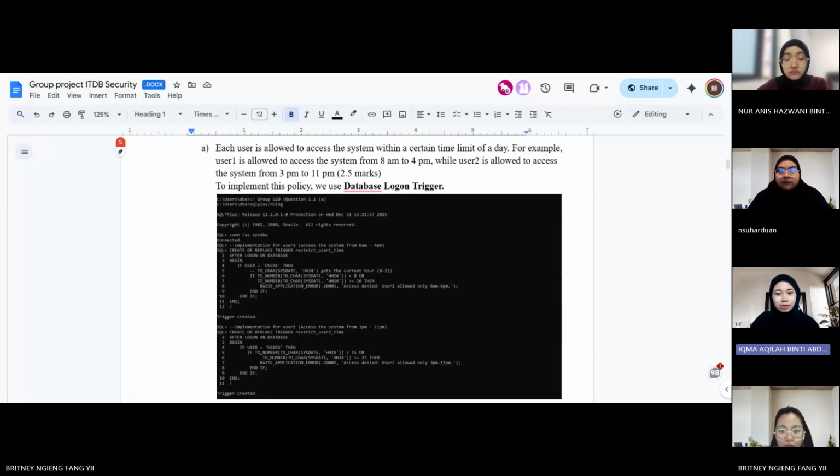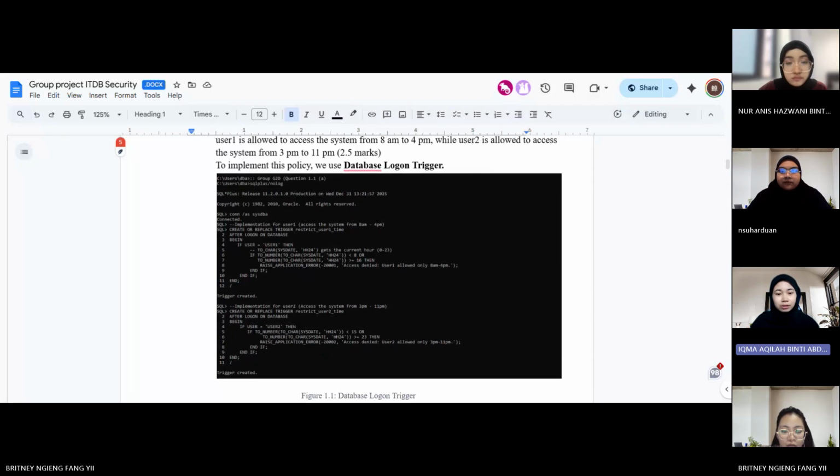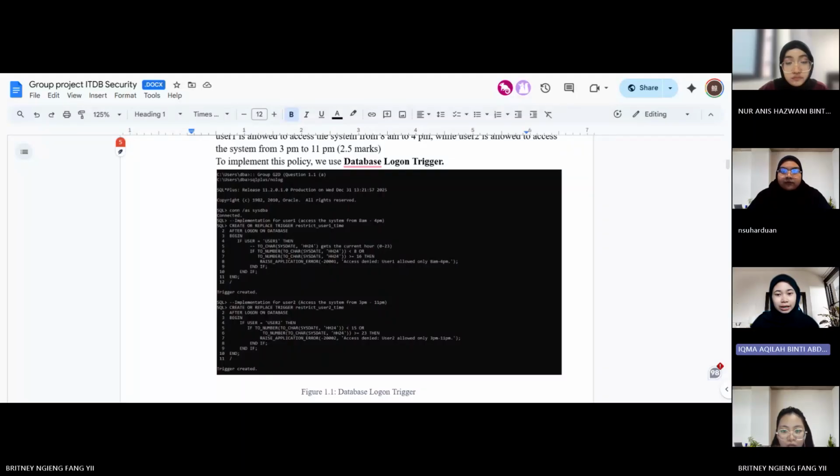For instance, one user might only have access from 8 a.m. to 4 p.m. To enforce this, we utilize a database log-on trigger. As shown in figure 1.1, this trigger automatically checks the current time when a user attempts to log in and denies access if it falls outside their permitted windows.